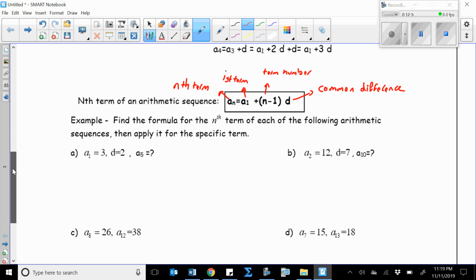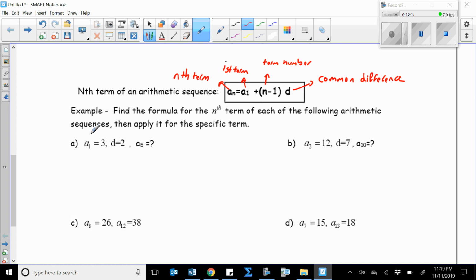So now let's look at this example. In this example, we want to find the formula for the nth term of each of the following arithmetic sequences and then apply it for the specific term which is given here. Okay, so here I have A1 equal to 3 and D is equal to 2. The first thing we want to find is an.